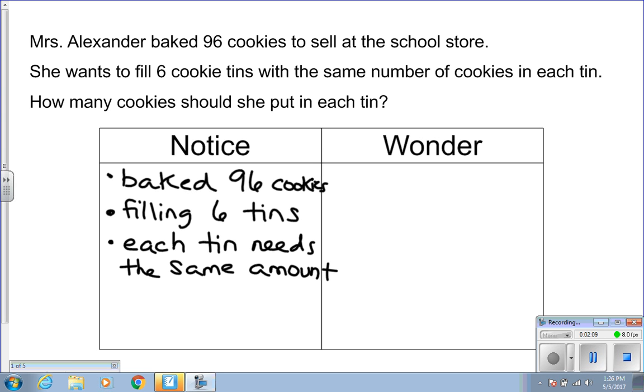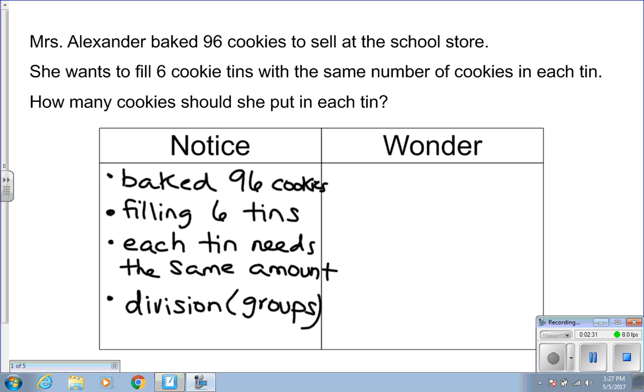You get the same thing? Yeah, I noticed that we definitely will probably have to divide. Yes, put division, maybe. Like groups or something. Okay. What are we wondering?